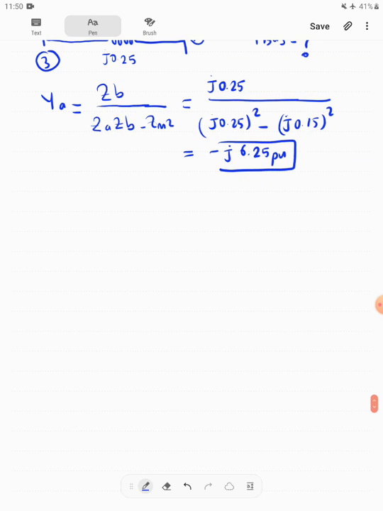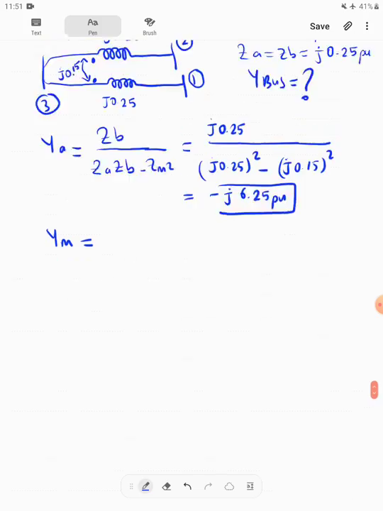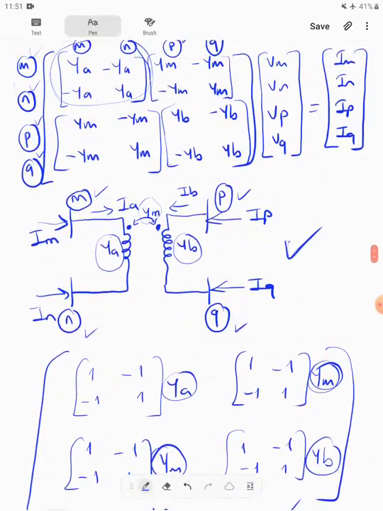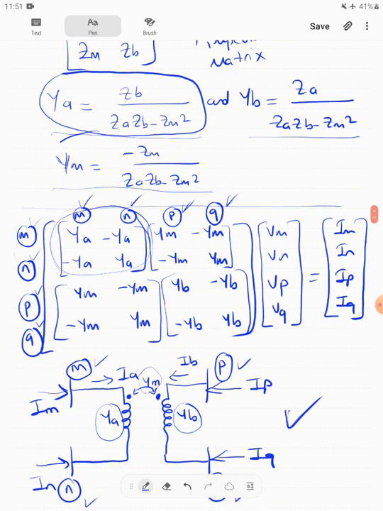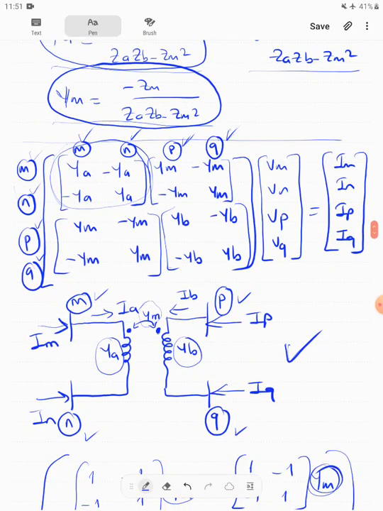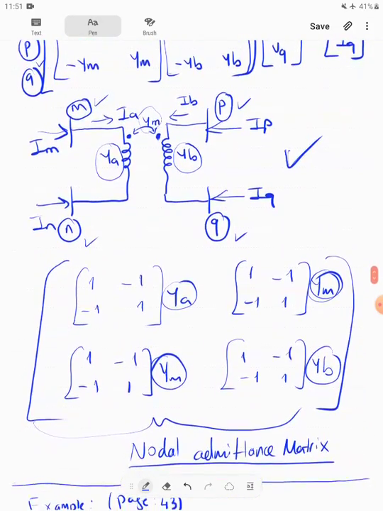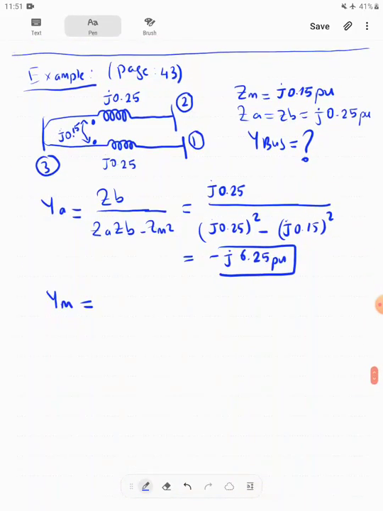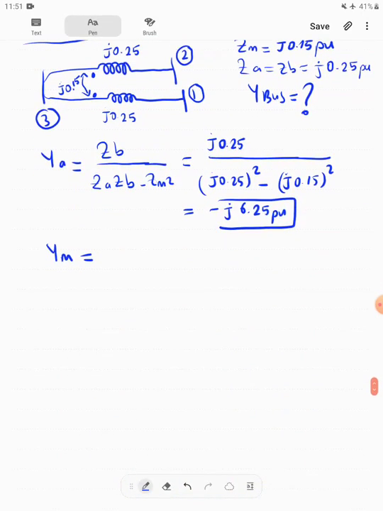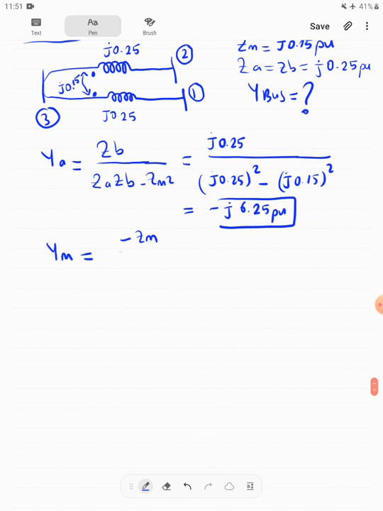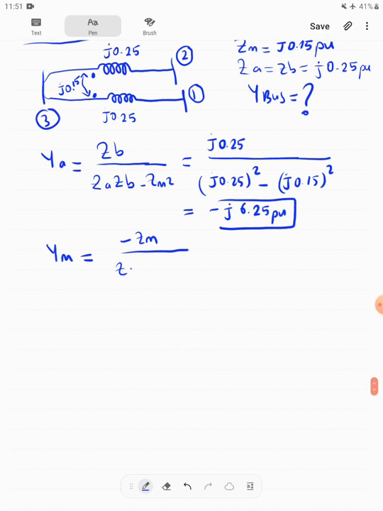Similarly, we can find Ym, which is the mutual admittance of the system. Again, I am coming here. We previously found that Ym is equal to this equation. So Ym will be written as minus Zm over ZaZb minus Zm squared.